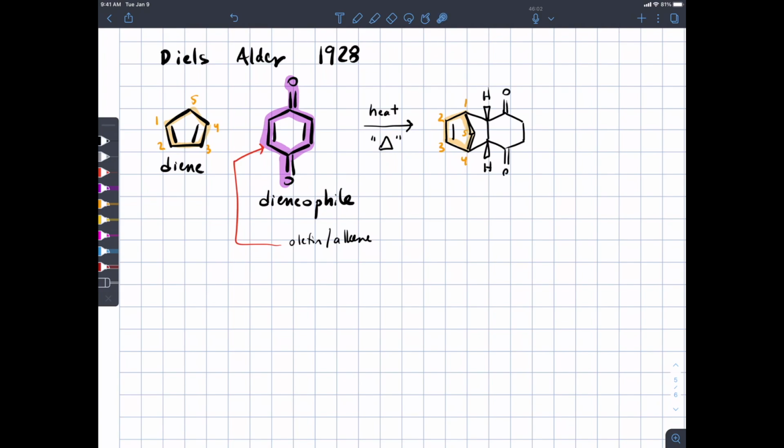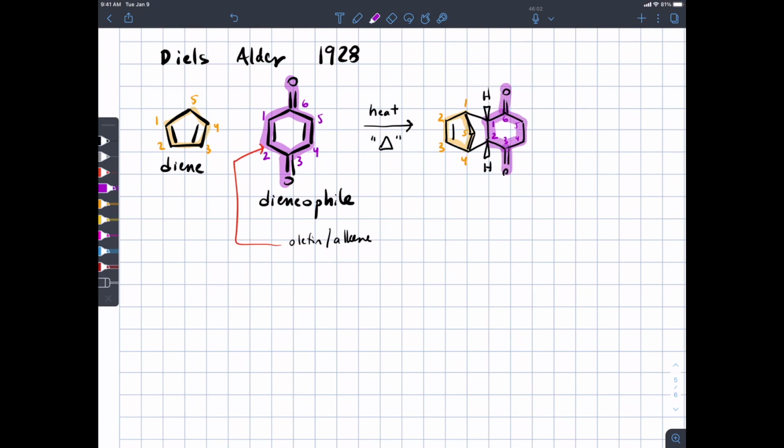The atoms in the olefin, which we'll label purple, we'll start 1 and 2 with the 2 carbons of one of those 2 olefins, 1, 2, 3, 4, 5, and 6. Those end up here, 1, 2, 3, 4, 5, and 6.